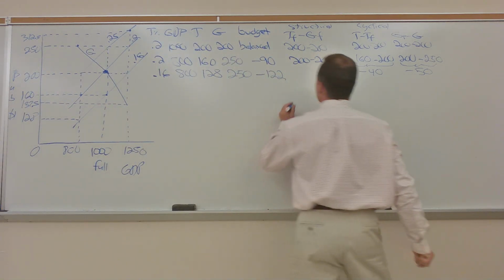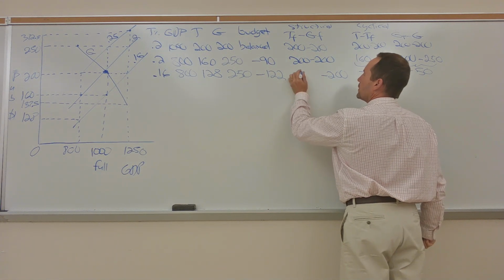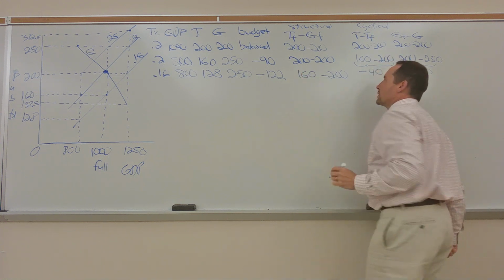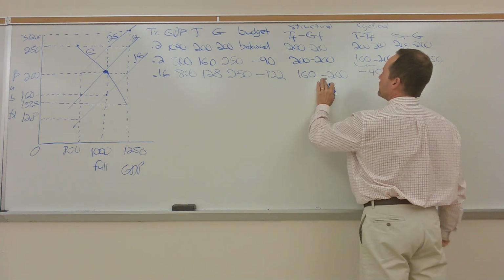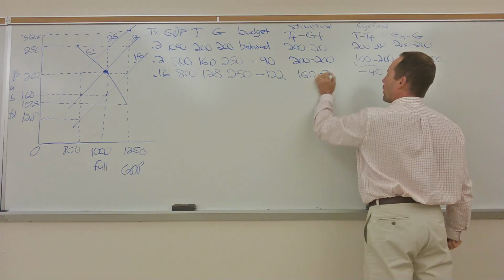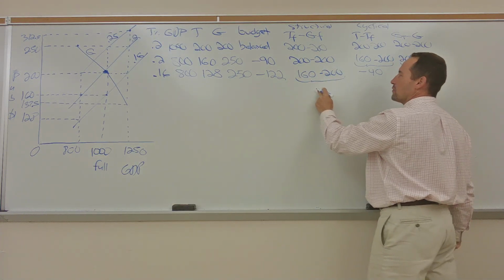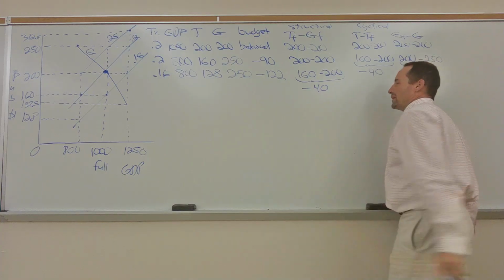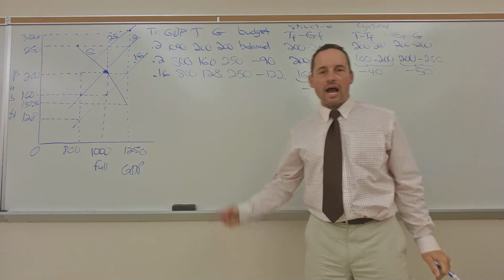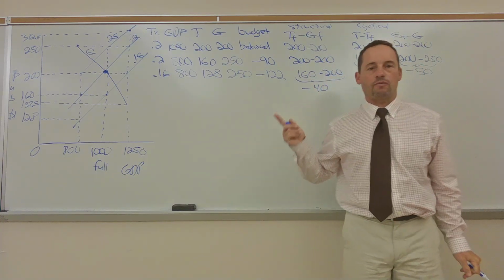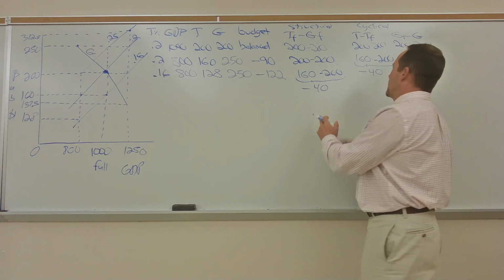So we fill in 160. So even before we look at the economy, this government is running a deficit of 40. In normal times, this government would be running a deficit of 40. So already we begin with a deficit.